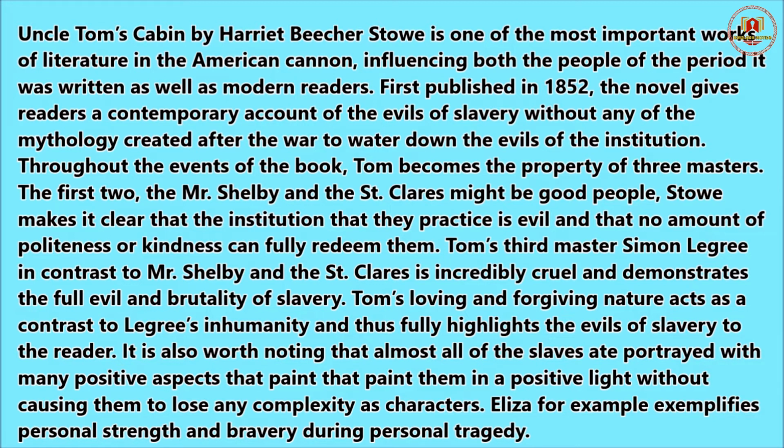The first two, Mr. Shelby and the St. Clares, might be good people, to make it clear that the institution that they practice is evil and that no amount of politeness or kindness can fully redeem them. Tom's third master, Simon Legree, in contrast to Mr. Shelby and the St. Clares, is incredibly cruel and demonstrates the full evil and brutality of slavery.